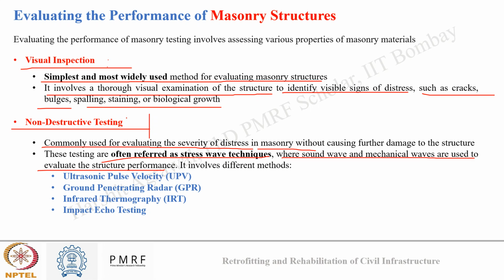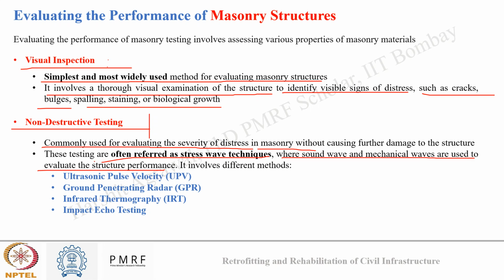We send a wave into the structure, see how the wave propagates through it, and based on the properties of the wave we evaluate the structural performance. This is the basic principle behind non-destructive testing.